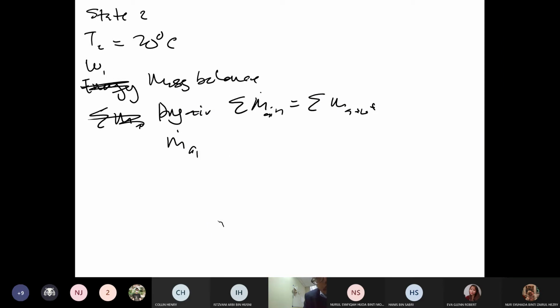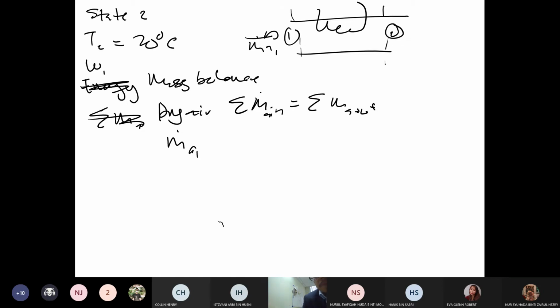Ada lagi yang lain? Tak ada kan? Kat dalam you punya sistem ni, yang sini je m dot A1. So what you have is m dot A1 is equal to m dot A2.